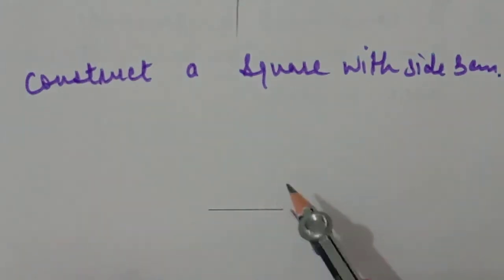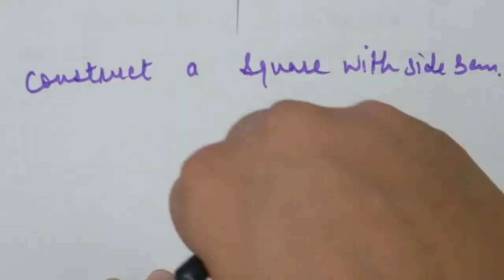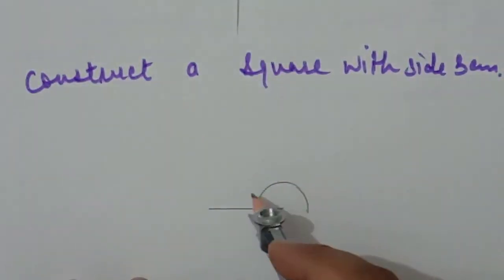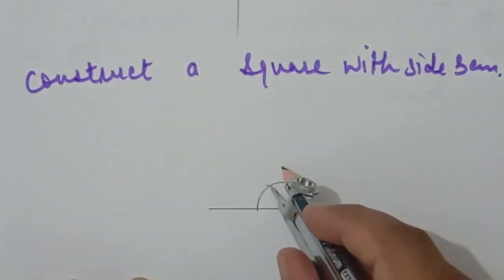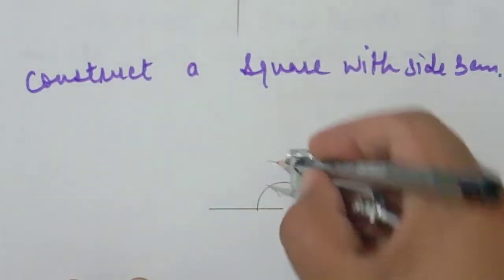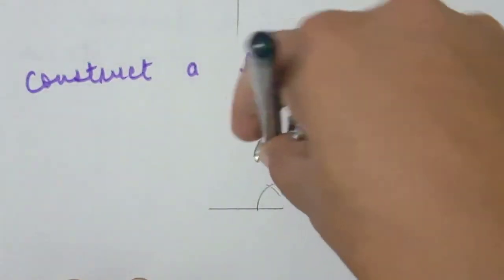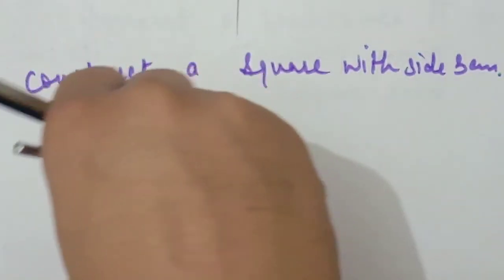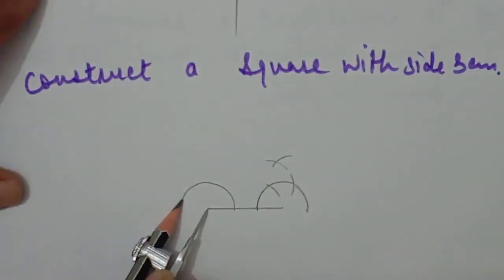Now what we will do, we have to make a 90-degree angle on both ends of this given line segment. This is our semicircle. This is 60 degree. This is 120, and the angle bisector. This is our 90 degree, and again I am also drawing a 90-degree angle from this end.